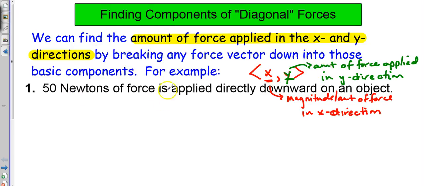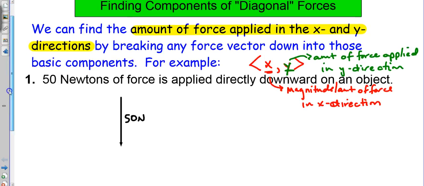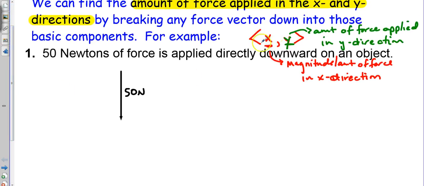So we've got 50 newtons of force being applied directly downward on an object for this particular example. That vector would look something like that, directly downward, and that has a magnitude of 50 newtons. If we're going to write this in component form, we want to look at how much of that 50 newtons is being applied in the x direction, or in other words, how much is going left and right.